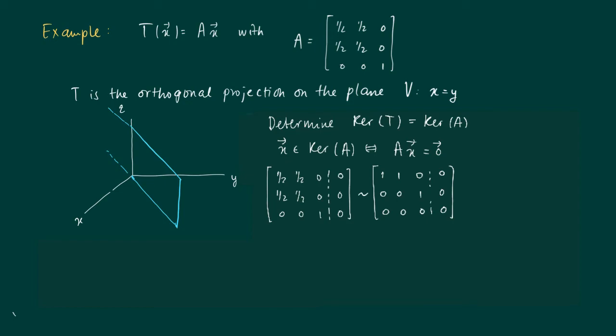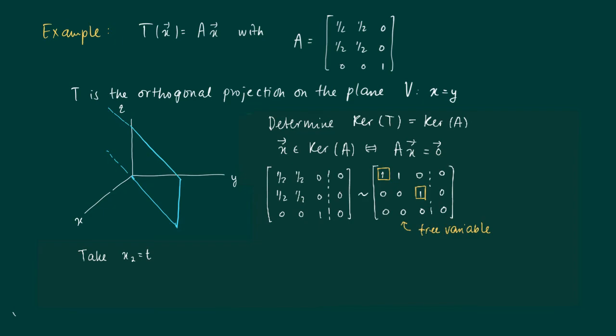So look at this cleaned up matrix, then you see that the second variable is actually the free variable. So we may freely choose x2, since x1 and x3 are associated with the pivot columns. So x2 is the free variable.